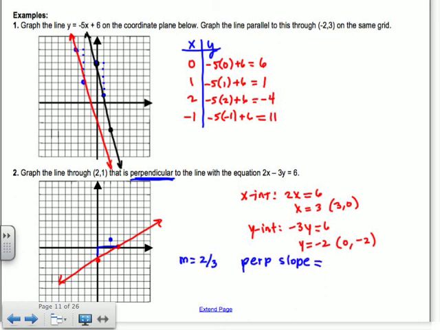So I'm going to flip it. So instead of 2/3, I'm going to have 3/2. And then make it the opposite sign. So it was positive, so now it's negative. So from my point, I'm going to go down 3, over 2. And when you do that, it should look perpendicular.